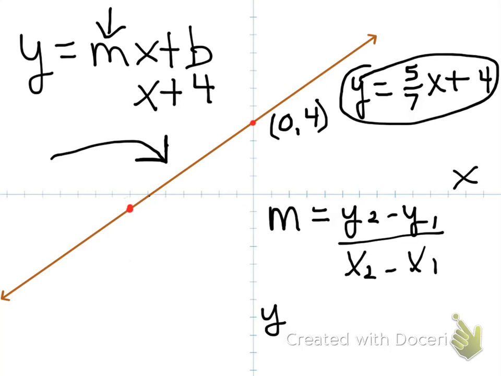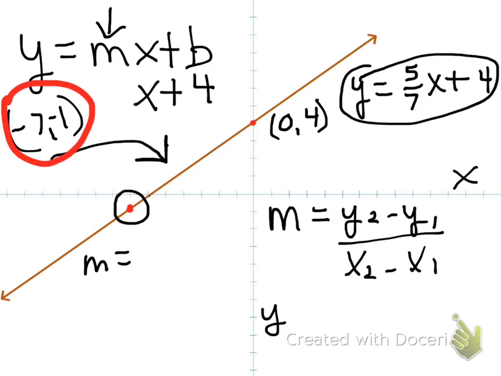So we have m equals, now an ordered pair, let's label those. We said a few moments ago that this point was negative 7 and negative 1. And this other point right here is 0 and 4. Okay?